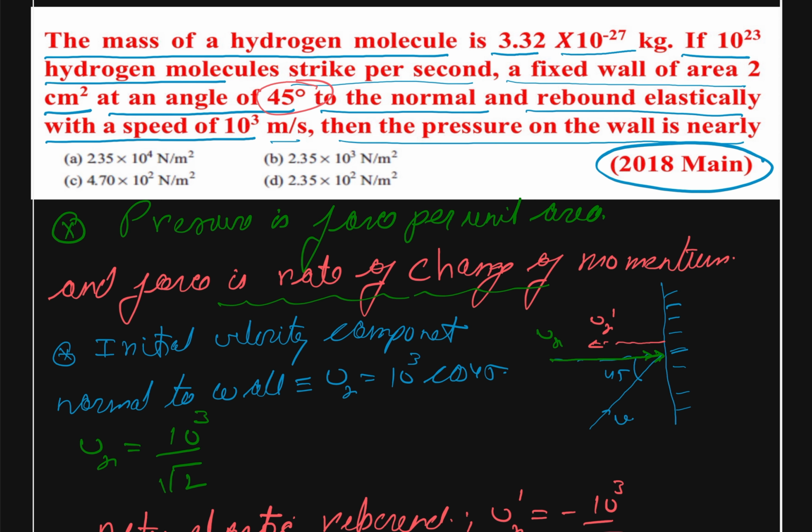Okay, so the total number of molecules is 10 to the power 23.